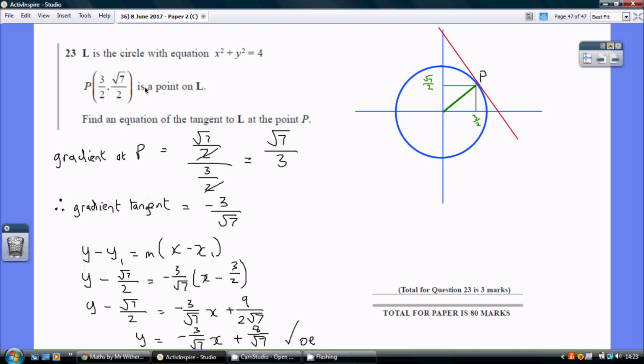So y minus y1, root 7 over 2, equals the gradient m, minus 3 over root 7, multiplied by x minus x1, x1 being 3 over 2. So I've then just expanded the brackets on the right hand side to give me this. I've then added root 7 over 2 to both sides to give me my equation of the tangent being y equals this. Now you could go and rationalise these two terms, so that's why I've put down or equivalent, but this is its non-rationalised format.